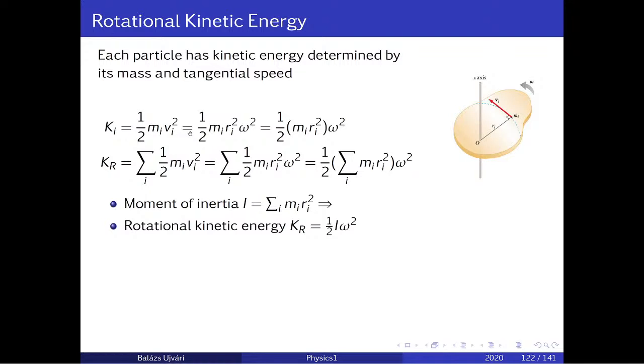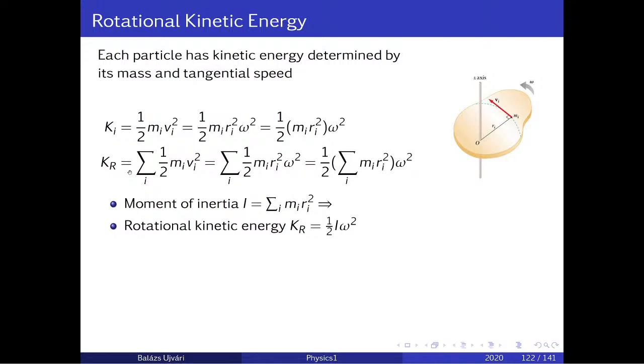If we play with this formula, so instead of vi, we write omega times ri and use the square, you can have a formula which is similar to kinetic energy. So instead of 1 over 2 mv square, we can say 1 over 2 miri square times omega square.